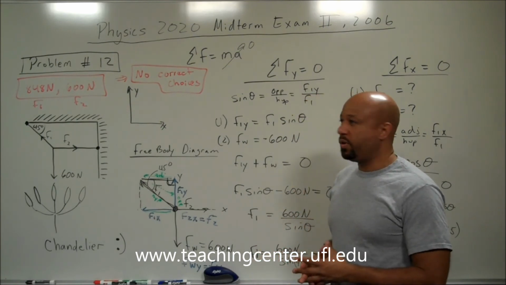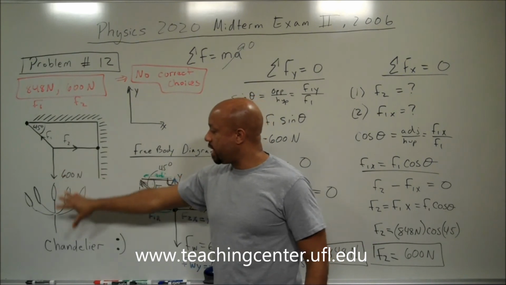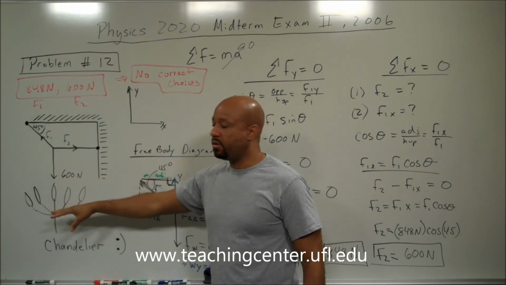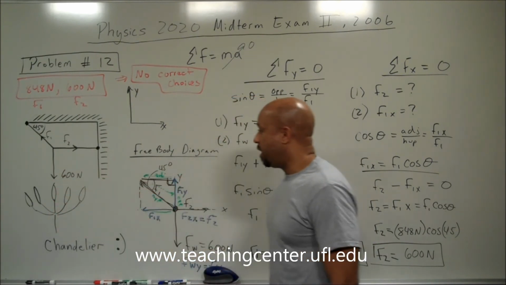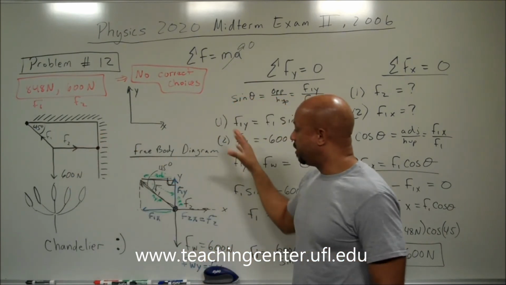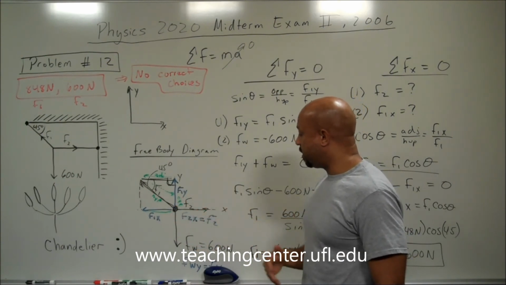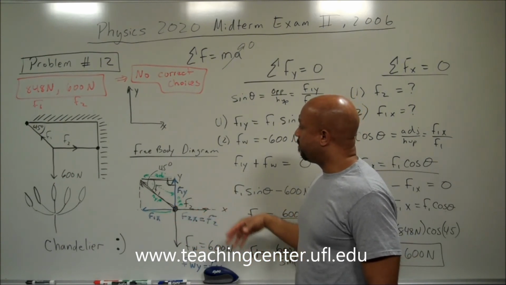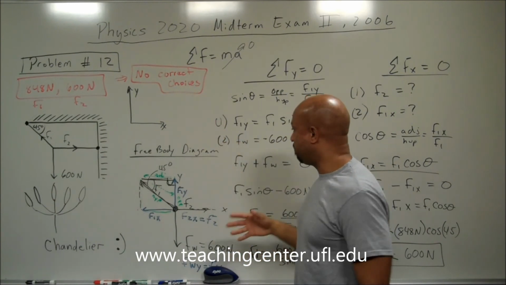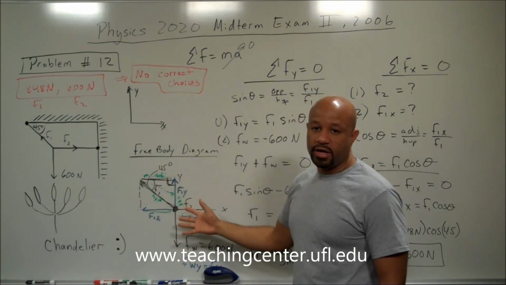Let's just review what we did. We had forces acting on this chandelier to keep it stationary, and the weight of the chandelier was causing tension on the ropes. So we drew a free body diagram of our chandelier, and from the coordinate system that we defined, we were able to resolve all of our forces into their x and y components.